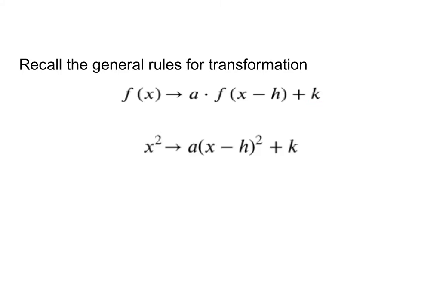An example of that with x squared, to remember what this looks like for a parabola, is that the basic function x squared can be transformed so that we can multiply by a, subtract h from x, and add k, and in both of these cases we have the effect of shifting vertically.